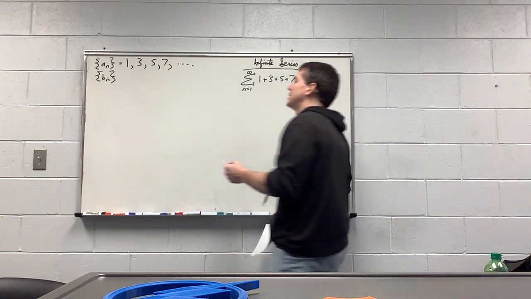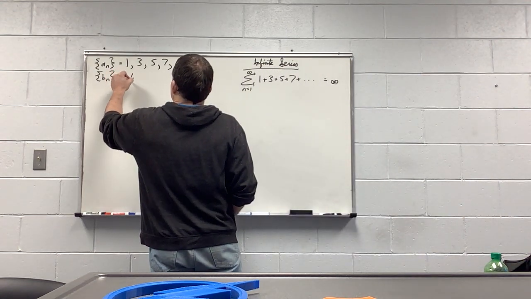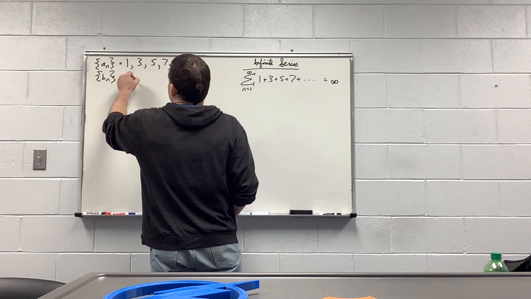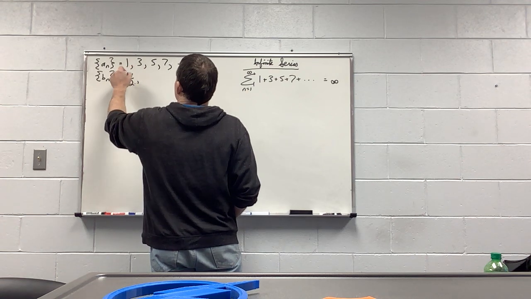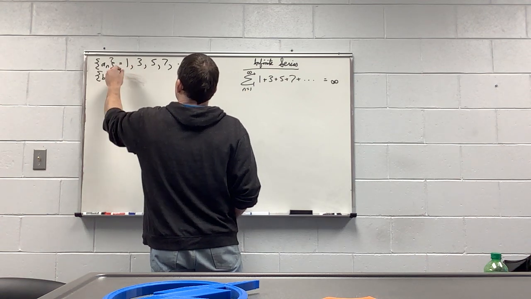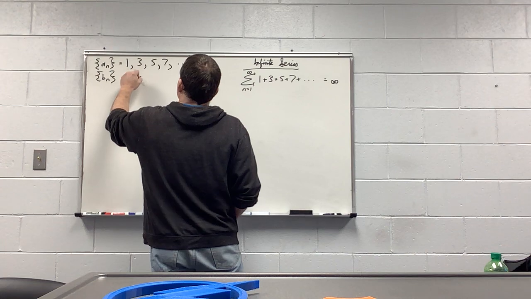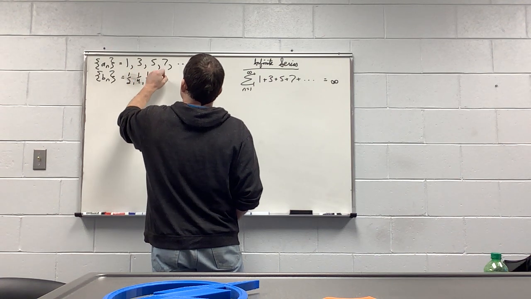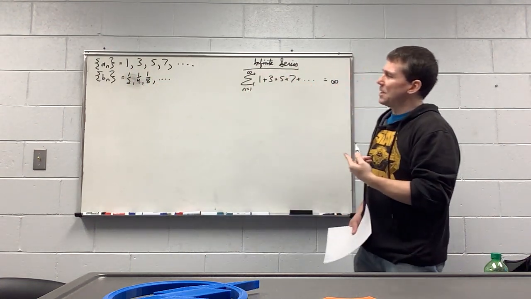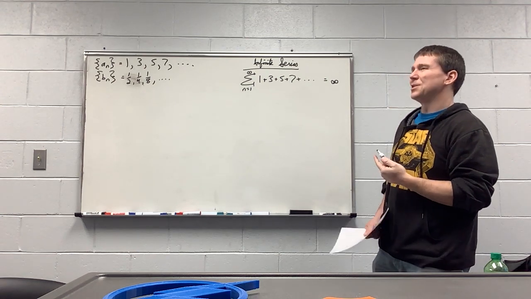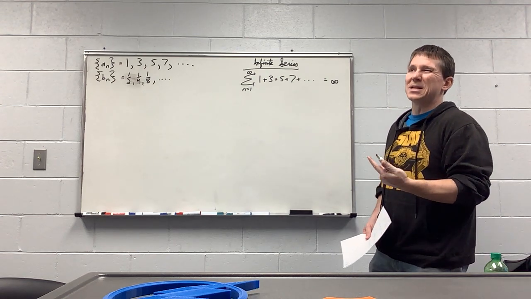But the question becomes, well, maybe if I have something like this. We'll do it this way: 1/2, 1/4, 1/8, and so on. That's another sequence. Clearly, I start with a half and just multiply it by 1/2 each time.